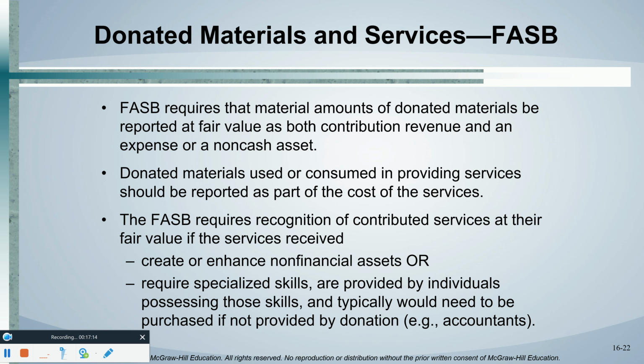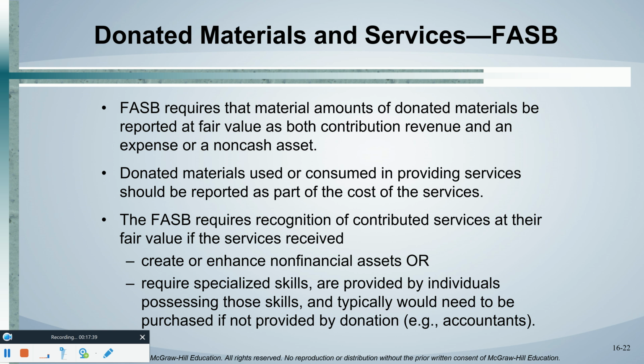Now, the FASB, talking about donated services, just like we talked about a couple of lessons ago, the donation of a service will be reported as a revenue if that service requires a specialized skill and is provided by individuals who possess those skills, and it typically would be needed anyway if it weren't provided as a donation.